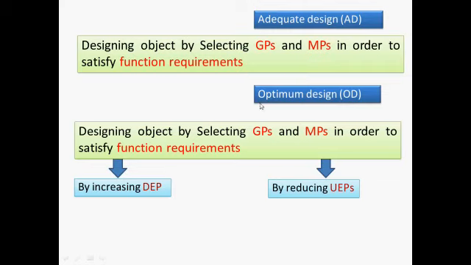Then what is the meaning of optimum design? Designing the object by selecting the GPs and MPs, geometrical parameters and material parameters, in order to satisfy the functional requirements by increasing the desirable effect parameters and by reducing the undesirable effect parameters. As compared to adequate design, in the case of optimum design we need to consider these things.